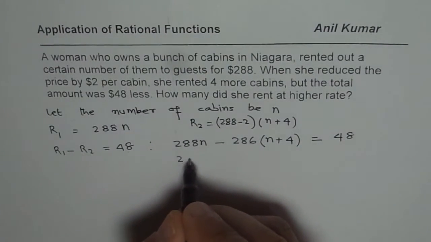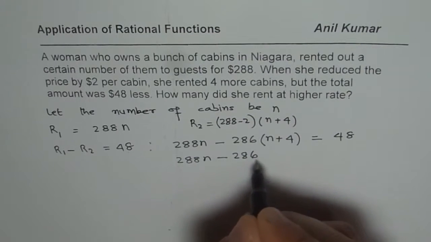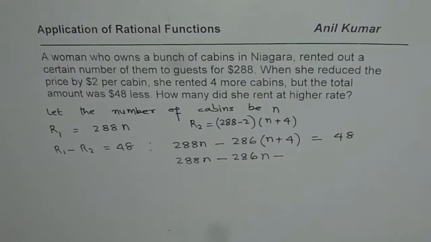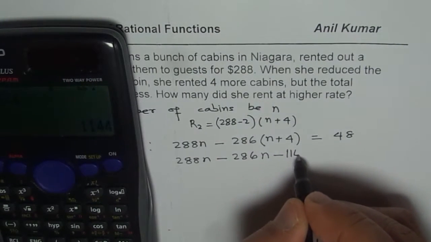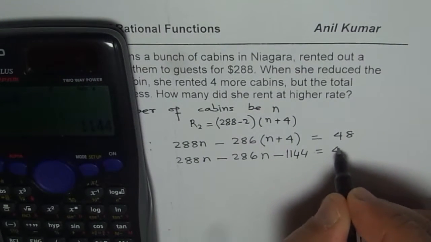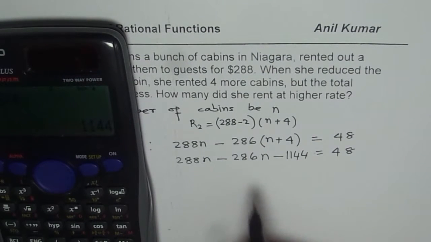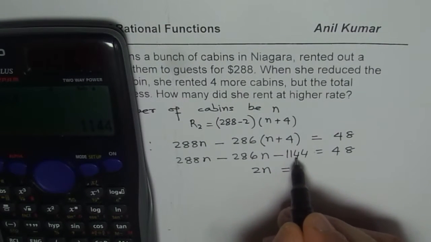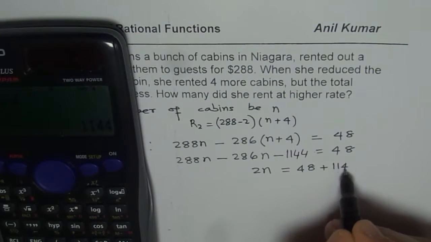So we have 288n minus 286n minus multiply 4 by 286. 286 times 4 equals 1144, equals 48, right? Now 288 minus 286 is 2n, so we get 2n equals, take 1144 to the right side, so we get 48 plus 1144.